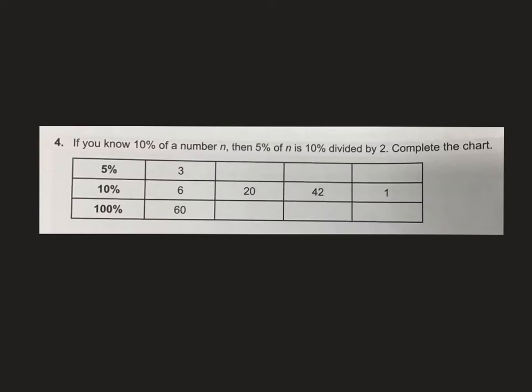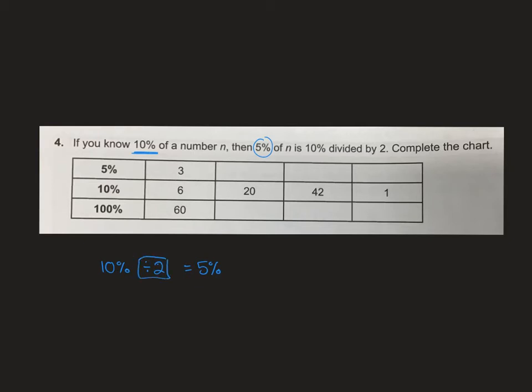Question number 4 gives you a chart, and it's going to tell you what 10% of a number is, and you have to use that information to figure out 5% and 100%. So, to get from 10% to 5%, we need to divide by 2.